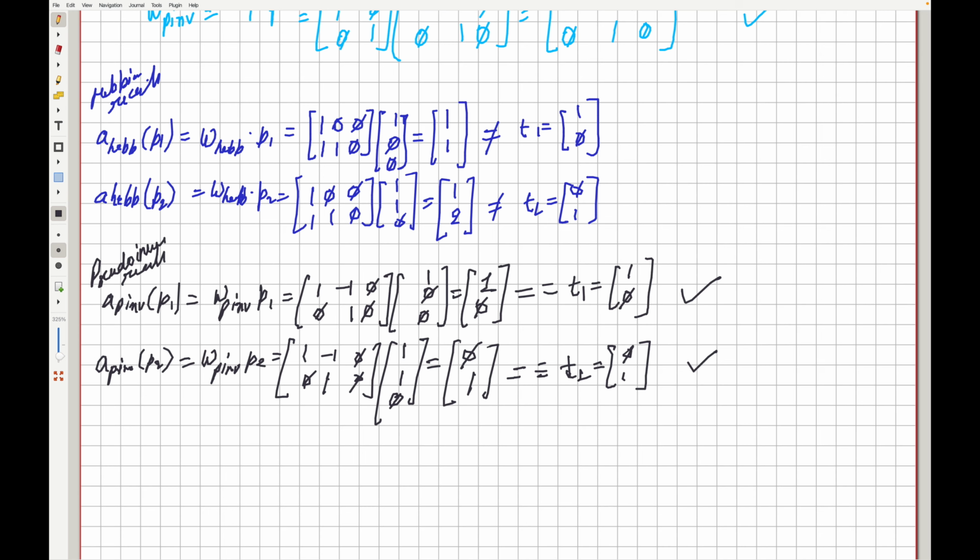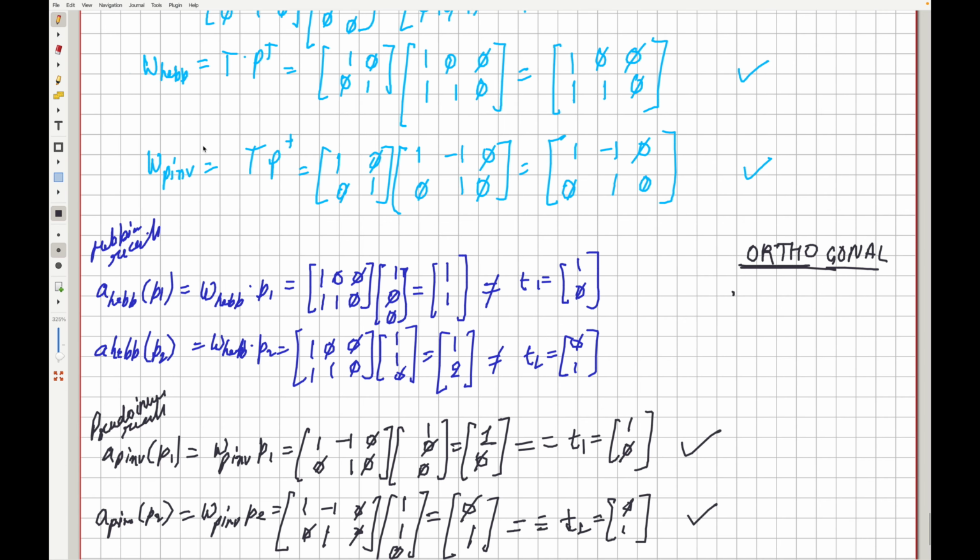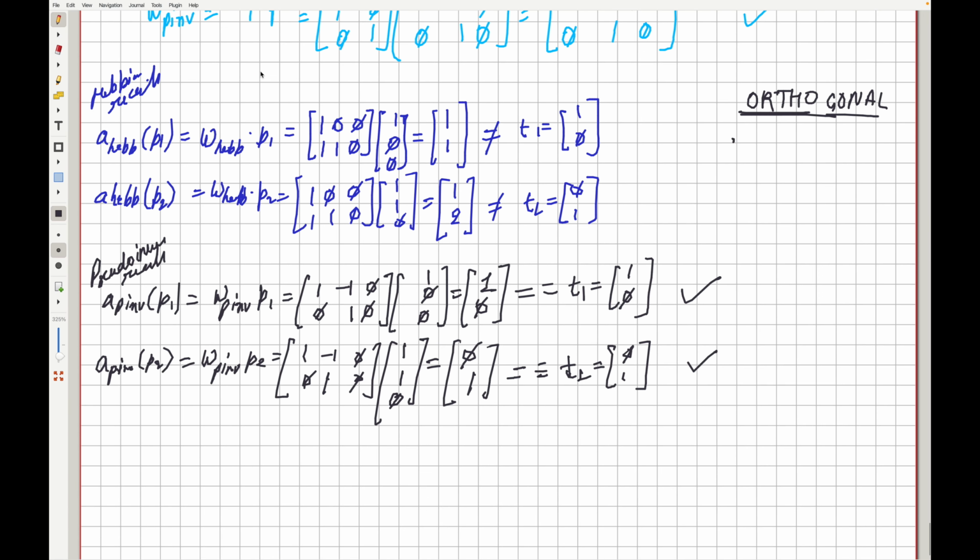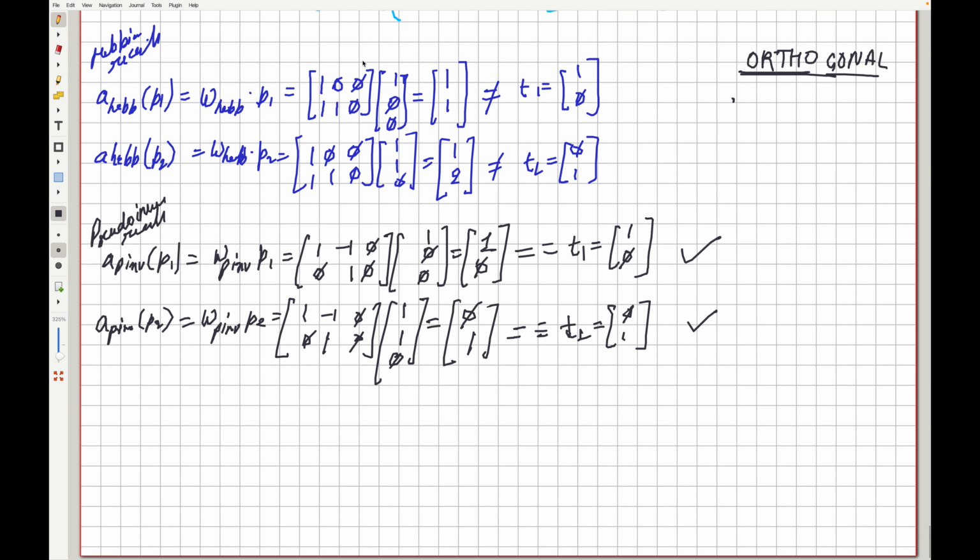So the takeaway message in these two examples is that when the input patterns are orthogonal, then Hebb's outer product rule works already. So what I mean by outer product is when we do T P transpose. That's good.